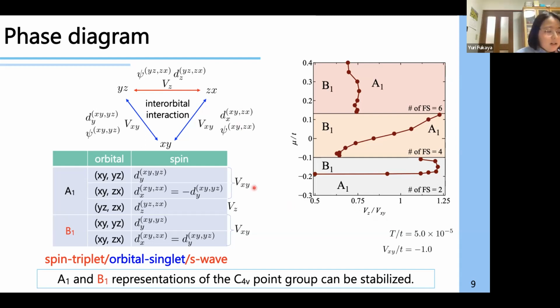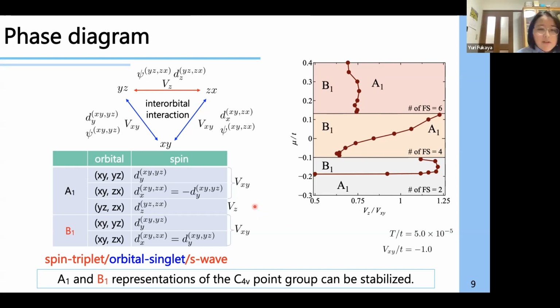Vg and Vxy. In our calculation, interorbital A1 and B1 representations with spin-triplet orbital-singlet s-wave are stabilized. The brown line is the boundary between A1 and B1 pairings, and it depends on the number of Fermi surfaces and the different color regimes. Especially, interorbital B1 pairing is stable for large chemical potential and large Vxy pairing interactions.